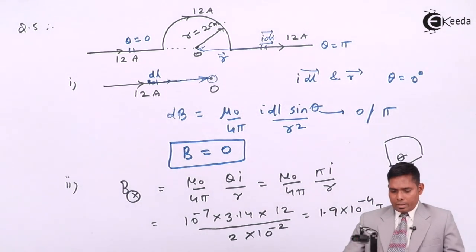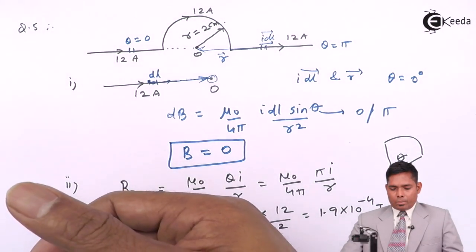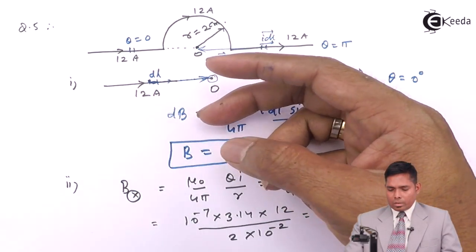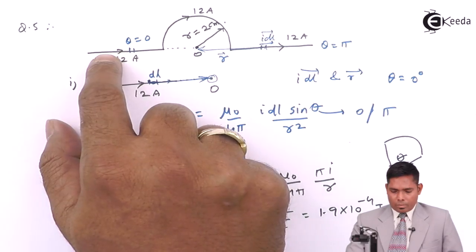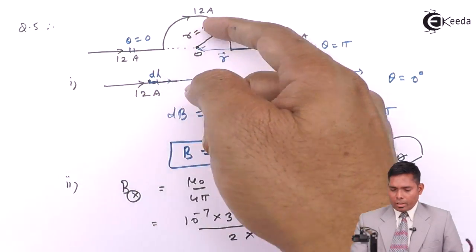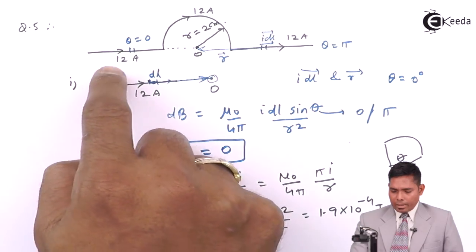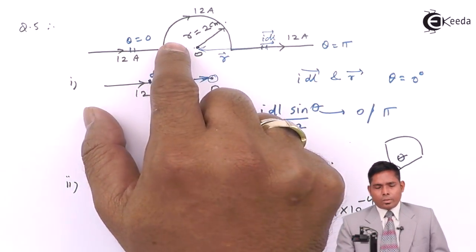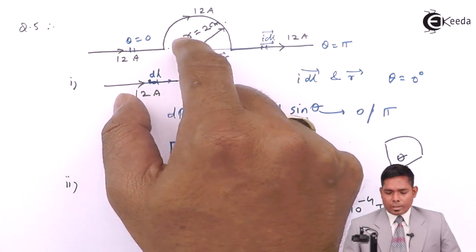Now, if I put this upside down, that means if I put this semicircle not on this side but on the other side, it will be something like this, inverted. If you invert this, then the current will be like that.